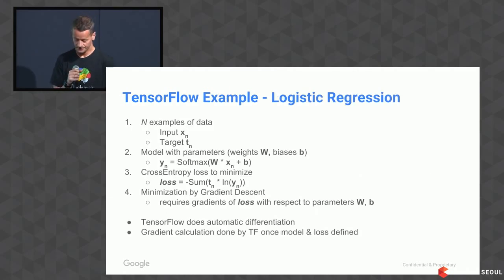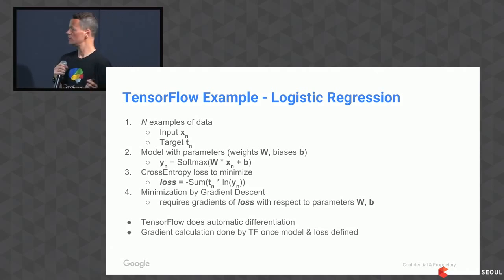Okay, so this is probably the next simplest example, and many of you have probably seen this. This is not linear regression, but logistic regression, very similar. It's often the basic model for classification. So you have n examples of data, you have inputs, and you have targets of a given dimensionality.